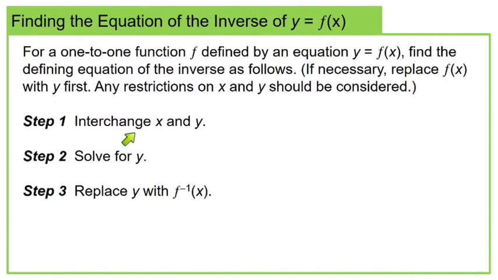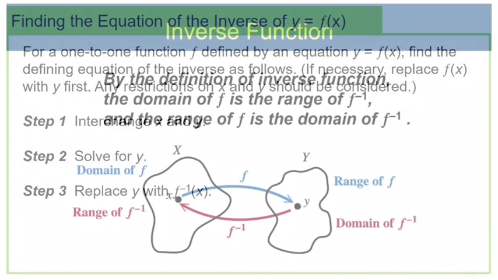At that point, you have an inverse, but you don't have it solved yet where you can write it with function notation. So after you exchange the x's and y's, solve for y, and then replace the y with the f inverse label. So step 1 is what really accomplishes the inverse, but steps 2 and 3 are what make it look like an inverse and make it recognizable as the inverse of another specific function.